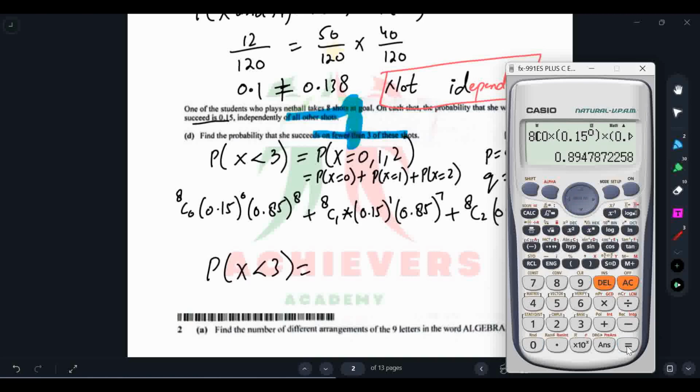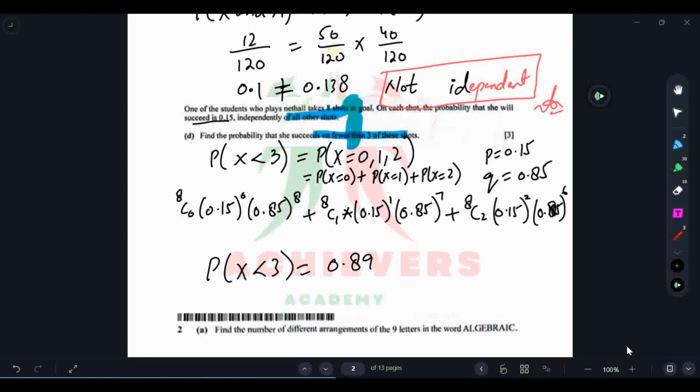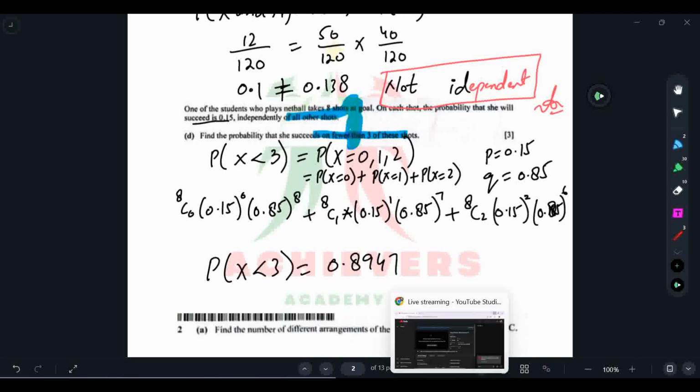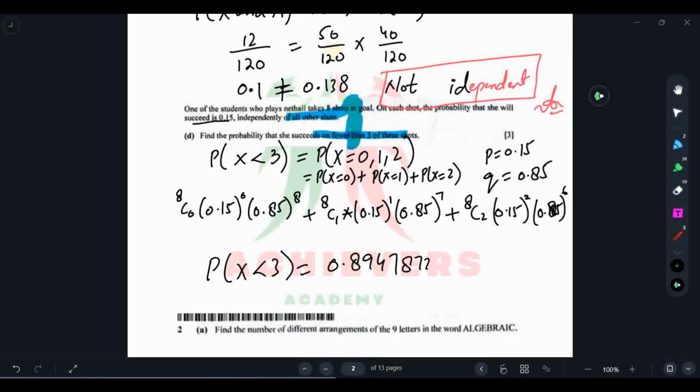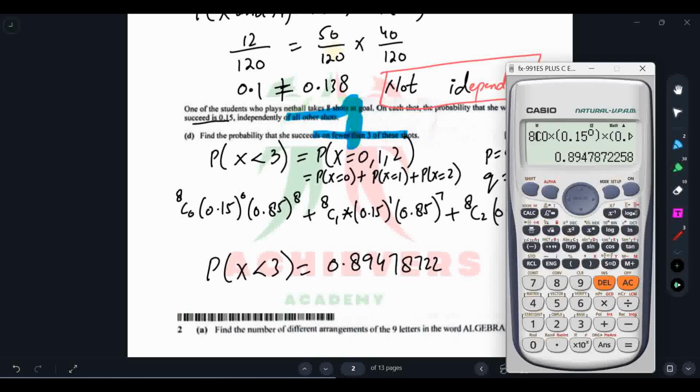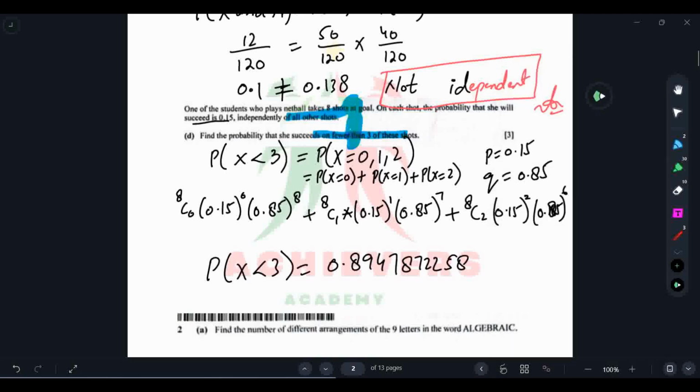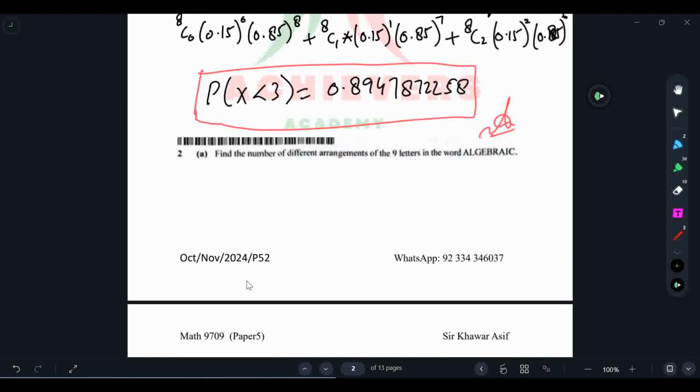Now the answer will be 0.8947 2258. So this will be the final answer, and we can write up to 4 or 5 decimal places. No need to write the complete answer, but this will be the final answer.